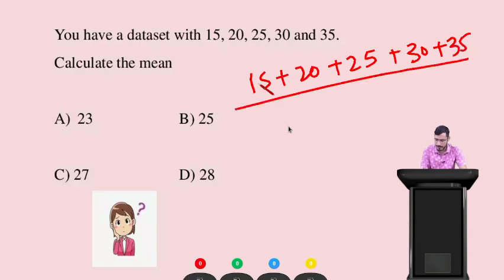And divide by how many numbers are there? 1, 2, 3, 4, 5. So divide by 5. The answer will be 25 here. Option B is the right answer.